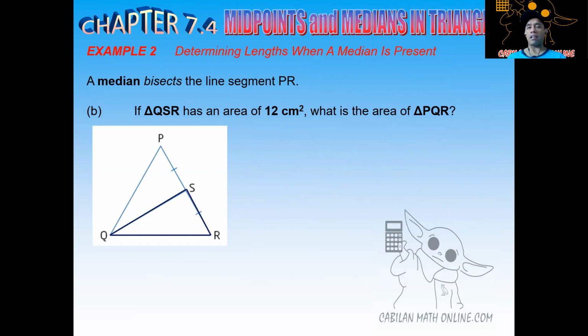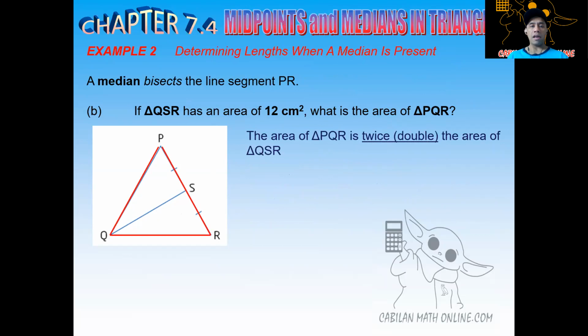So I've outlined that in blue. We want to find the area of the entire triangle, triangle PQR. So notice that what we have here is that the smaller triangle is 12. So we need to find the area of the bigger triangle. So all we're going to do in this question here is to take the 12 and multiply it by 2. So the area of the entire triangle here will be 24 square centimeters.